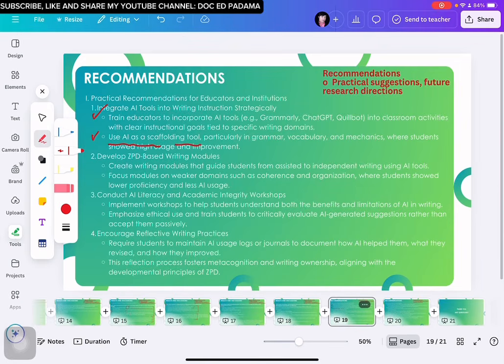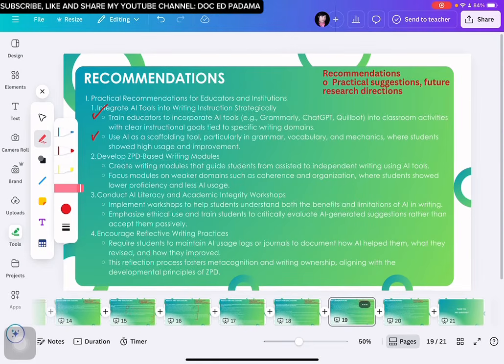It should be indicated. Particularly, so these are the action where students showed high usage and improvement. So again, there is something lacking in this particular recommendation. That is why I reminded you that recommendations should include the point person and the action that is being recommended.